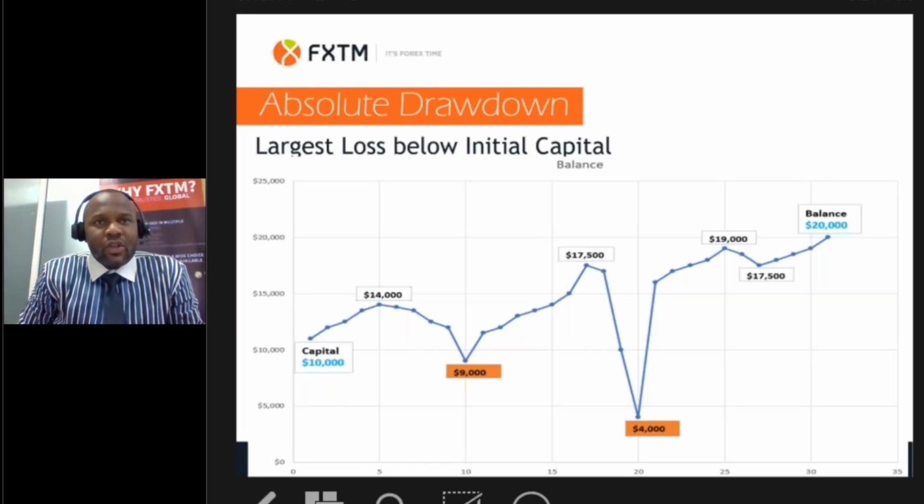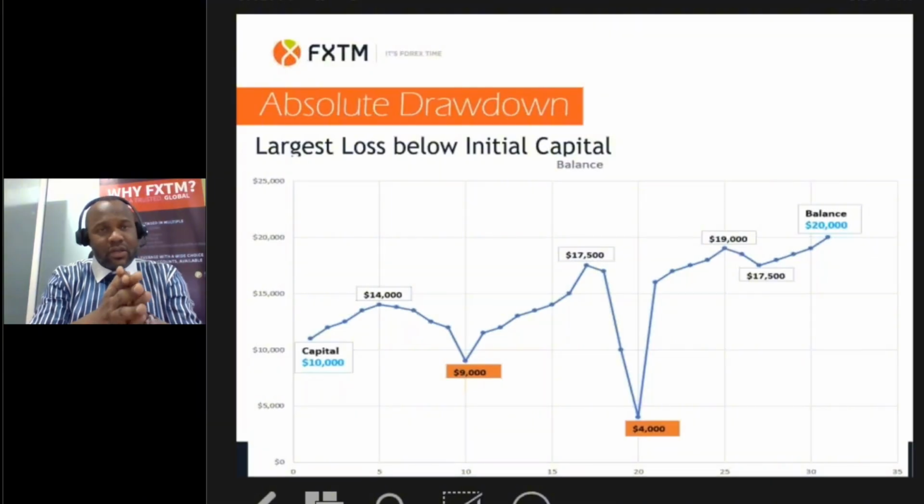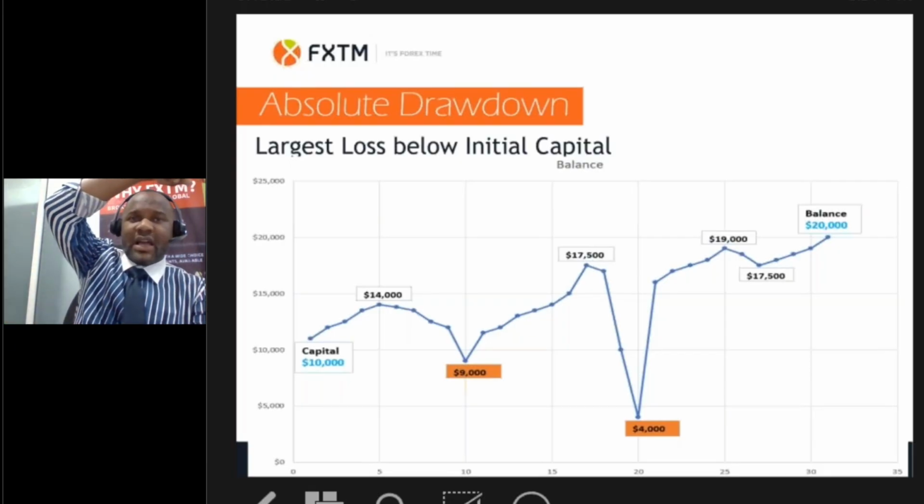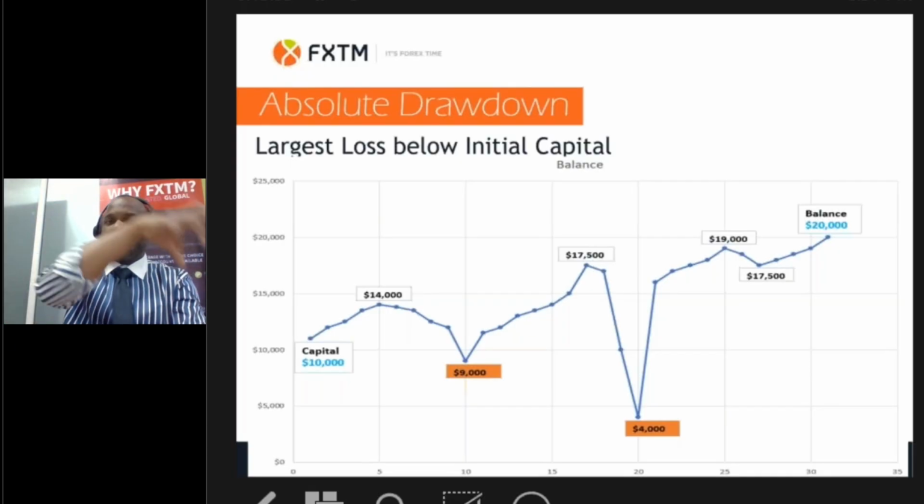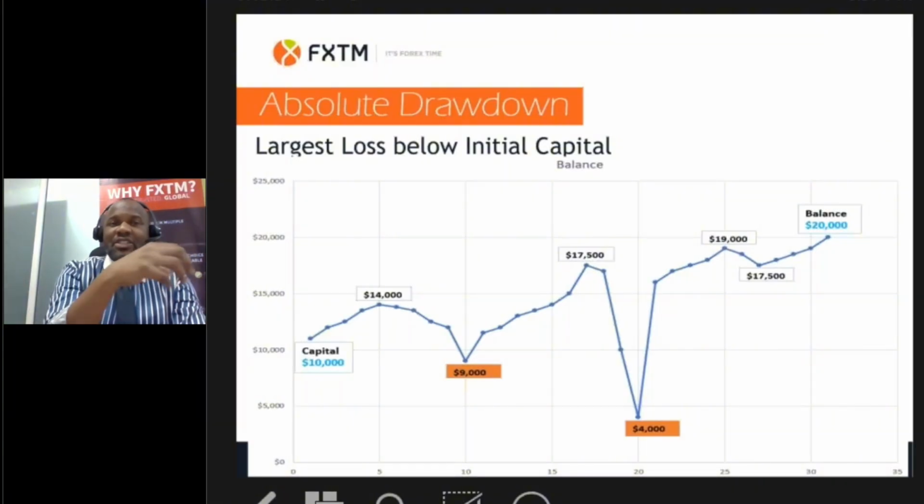So when you started an account on March 1st with $10,000, and now it's April, and you print the account statement out, it will capture the balance from March 1st as its initial capital.